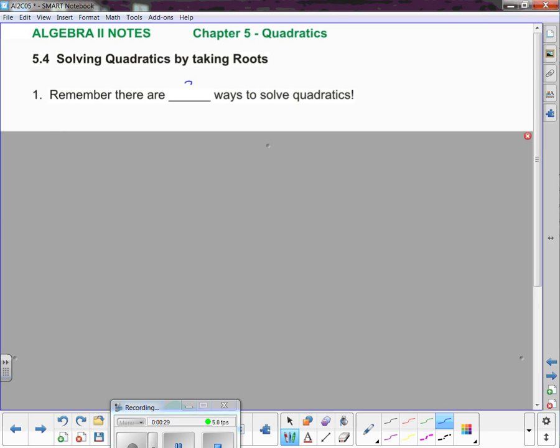And remember, that's one of the three ways of solving a quadratic, right? Solving by factoring. The second in the list was solving by taking roots. That's what we're doing today. And the third in that list is solving by the quadratic equation. That's a couple days down the road. So we're going to do all three of those things this chapter.